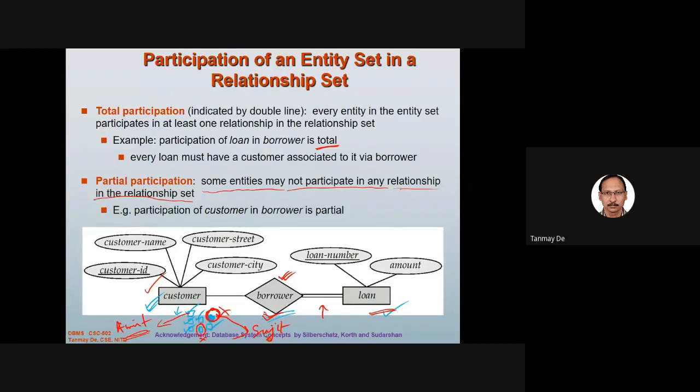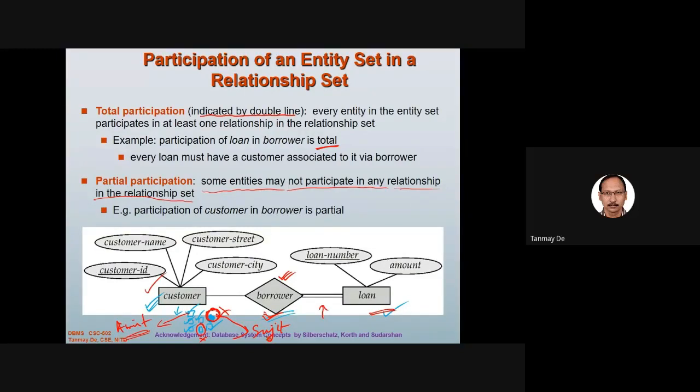But if you reflect it more correctly or more meaningfully, then it will be a double line on the borrower to loan side. Okay, a double line means total participation, and a single line means partial participation. This one is indicated by the double line in case of total participation.